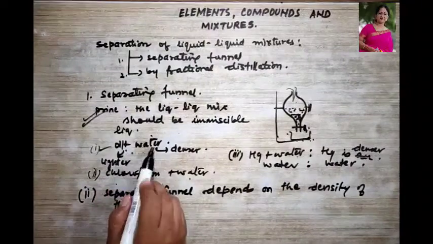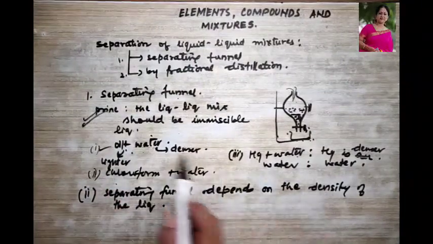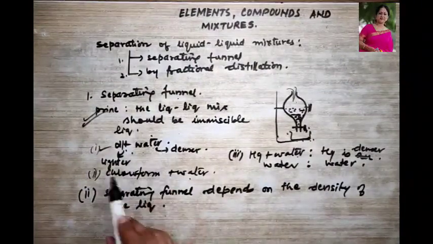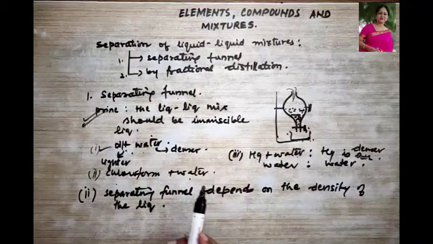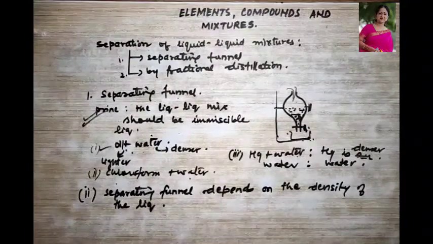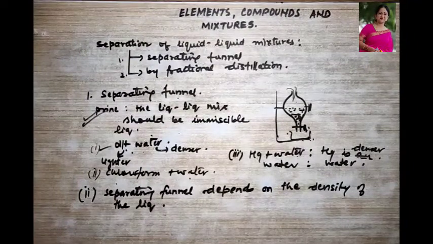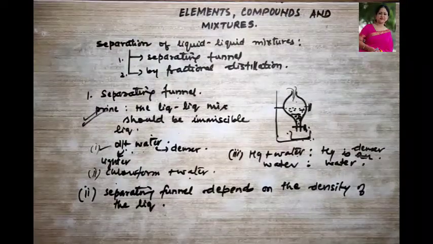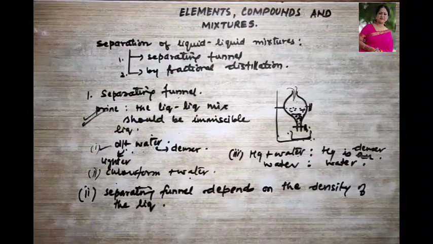So in oil and water, which density is more? That of water. In chloroform and water, water will be denser. In mercury and water, mercury will be denser. This is how we can separate mixtures whose components are not miscible into one another.